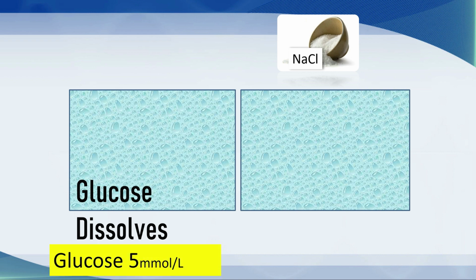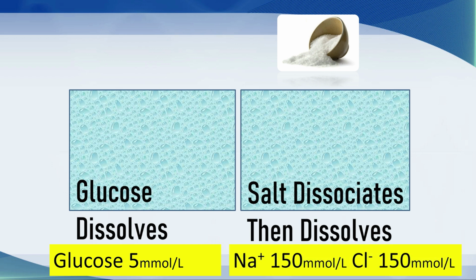So in this situation we may have glucose at 5 millimoles per litre. Salt crystals dissociate first, so they break up into their constituent parts, and then they dissolve and disperse through the system. So in this situation, we start off with NaCl, and now we have a specific number of millimoles of sodium and chloride.